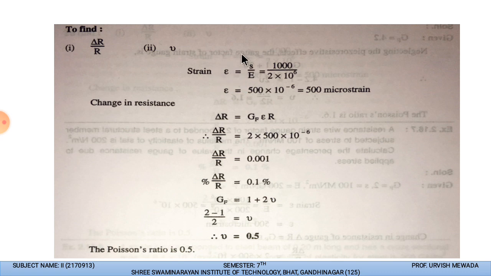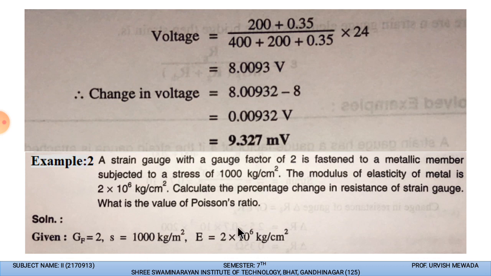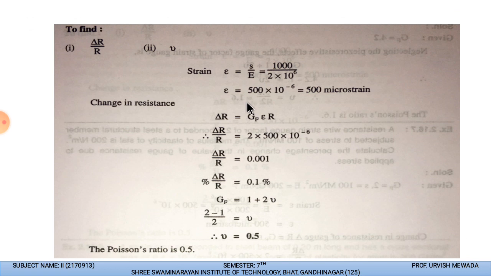So strain is the stress S over the modulus of elasticity: 1000 into 1000 divided by 2 into 10 raised to 6, where 2 into 10 raised to 6 is the value of E. From this we can determine epsilon, that is 500 into 10 raised to minus 6, or 500 micro strain. So this is the strain we are going to apply on the strain gauge.